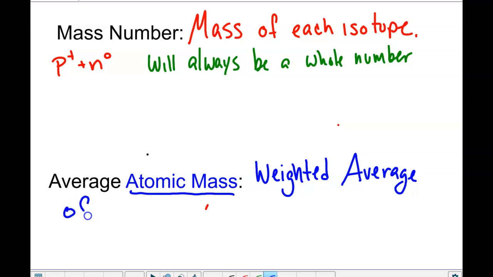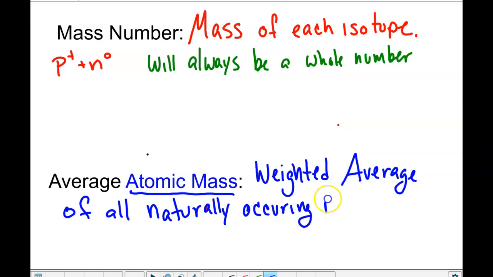of all naturally occurring isotopes. So why do we say naturally occurring?